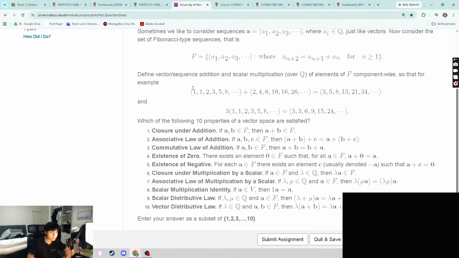2 is the associative law, works. 3 is the commutative law, works, right? Because if we swap these elements around, still good. 4, the existence of a 0.